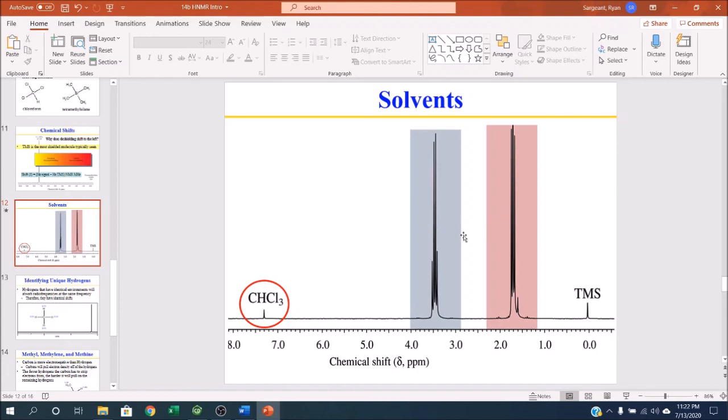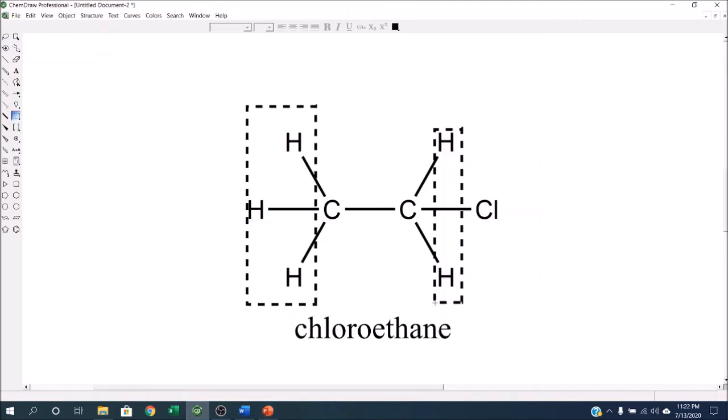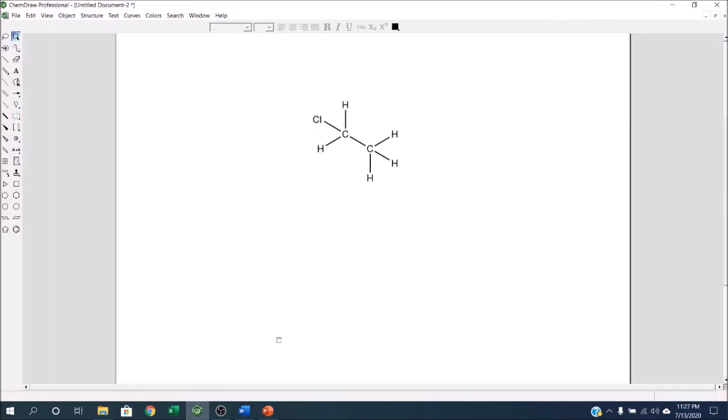So this is often how we think about what an NMR spectrum is telling us. It's telling us about the electronic structure of the compounds that we're focusing on. And this particular compound has two different hydrogen groups. One group of hydrogens is more deshielded. One group of hydrogens is more shielded. And that makes sense for this particular molecule, chloroethane.